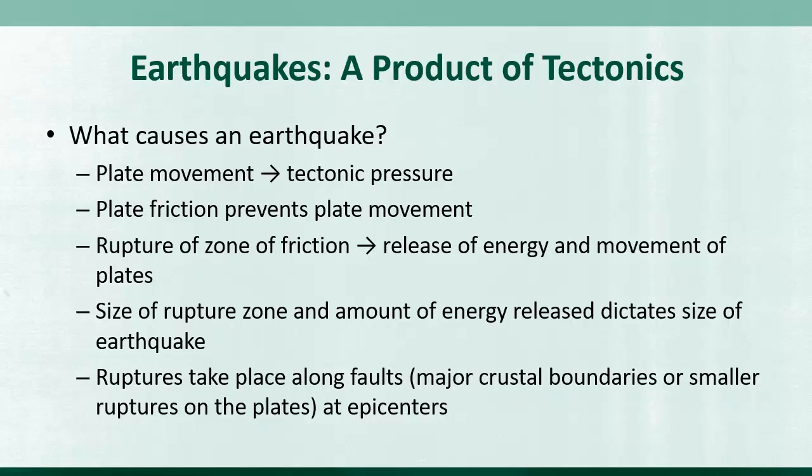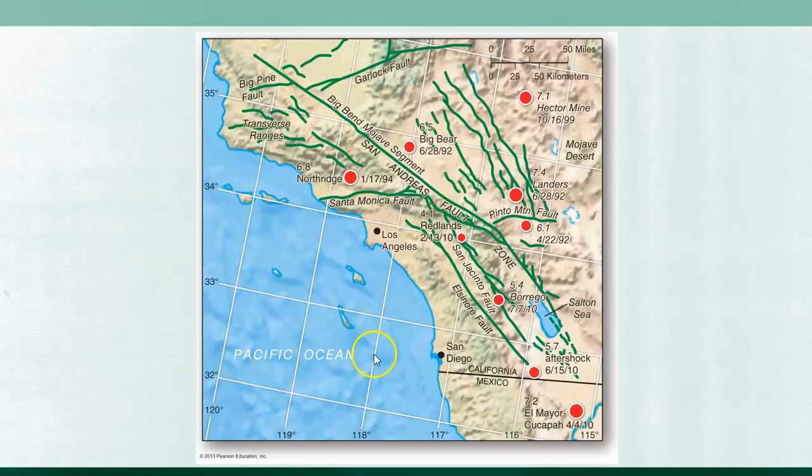Now, these ruptures often take place at major crustal boundaries. But plates have many fractures in them, or fault lines, and ruptures take place in those areas as well. They take place on areas that can be identified as epicenters, which is the place of origin of the rupture on the surface of the Earth.